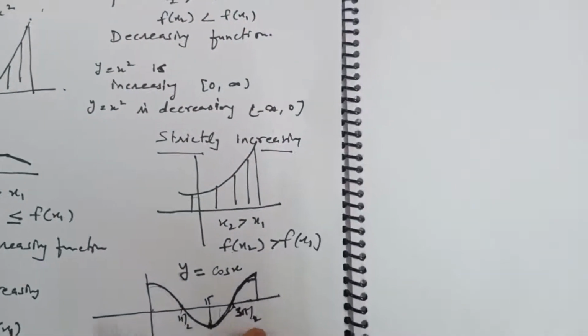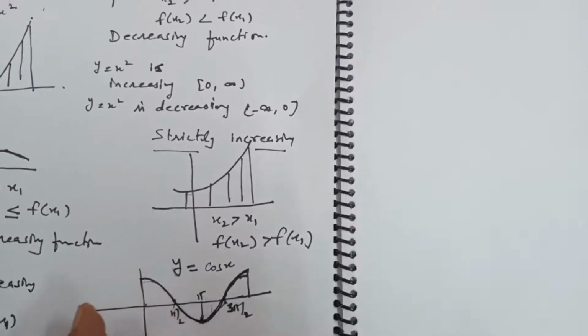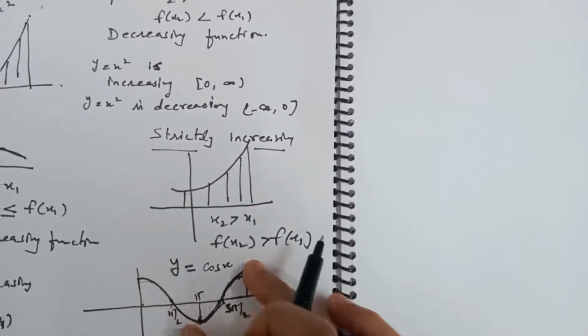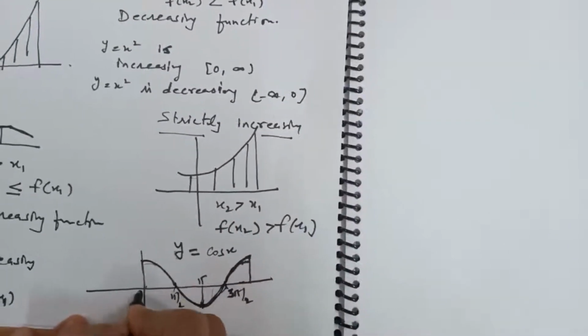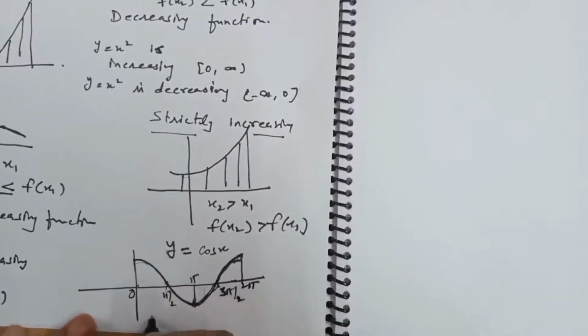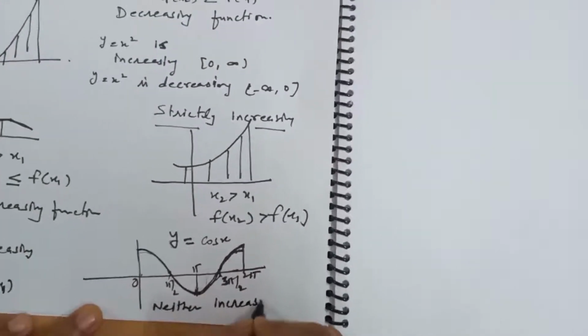So this kind of graph, which is somewhere increasing, somewhere decreasing, somewhere increasing, in the whole interval 0 to 2 pi is called neither increasing nor decreasing.